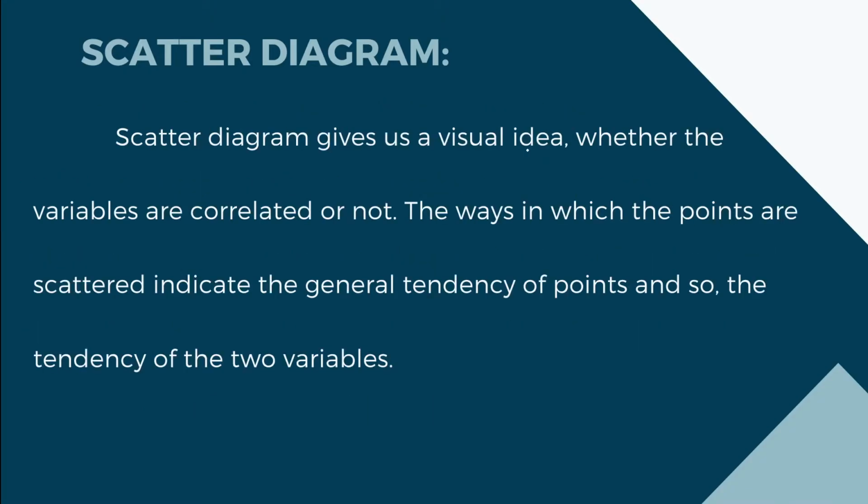Scatter diagram gives us a pictorial, visual idea whether the variables are correlated or not. The way in which the points are scattered indicates the general tendency of the points and so the tendency of the two variables.